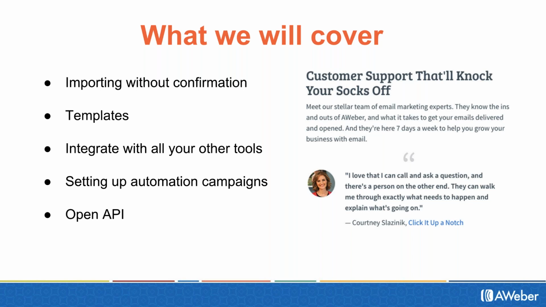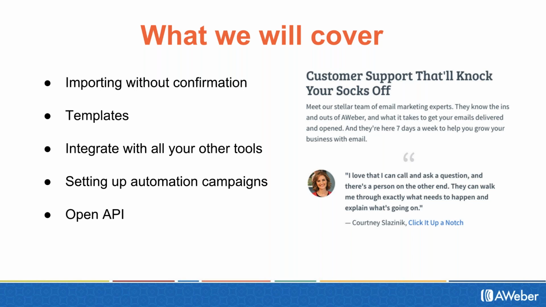And this is something that Aweber prides ourselves on. We actually offer support Monday through Friday, 8 a.m. to 8 p.m. Eastern Time, and that's by phone, chat, and email. And then we also offer email and chat support on the weekends from 9 a.m. to 5 p.m. Eastern Standard Time.